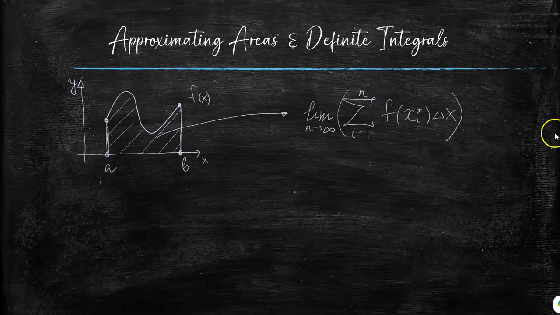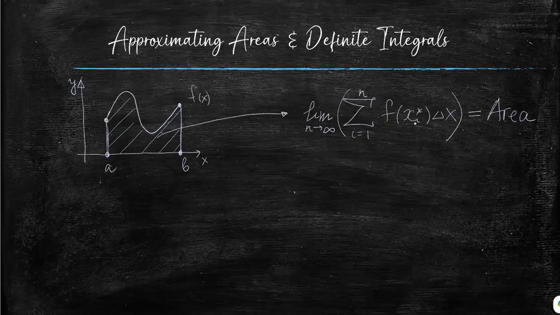And if such a limit does exist, regardless of how representatives are picked on each subinterval, then such a limit must be equal to the area that we're looking for.